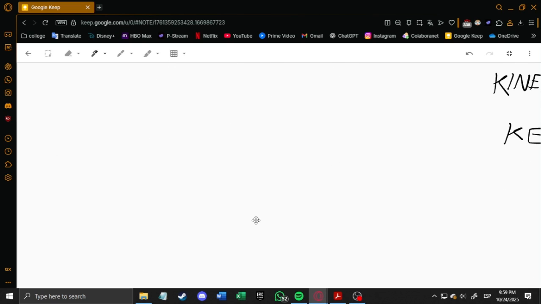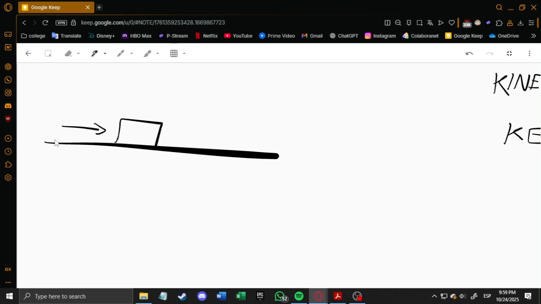Okay, for example, let's say I have this box, and if we push the box in the same direction as the motion, the angle theta would be 0, and the cosine of 0 is 1.